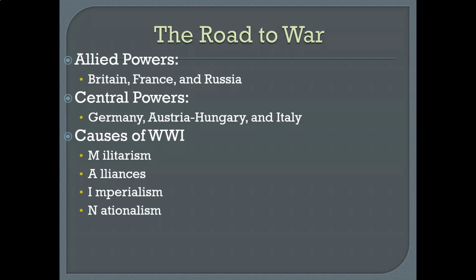Okay, and militarism has to do with the influence of military power, the building up of arms, etc. And at the beginning of this kind of conflict, we're going to see a lot of nations building up their armaments and weapons and the overall military strength.